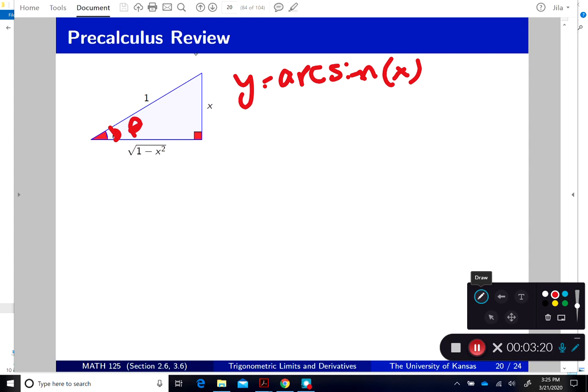That means the opposite over the hypotenuse is x. So that's theta. Then, using the Pythagorean theorem, I can find the other side, which is the square root of 1 minus x squared, and use that to find cosine and tangent and so on.